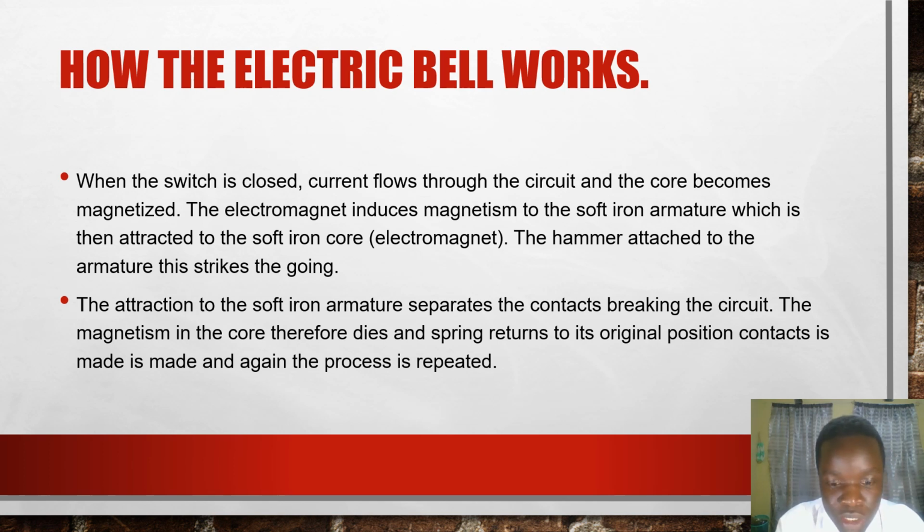Because it is demagnetized, the armature is no longer attracted, so it returns to its original position. Hence, due to this repeated action at some frequency, you hear the bell ringing.